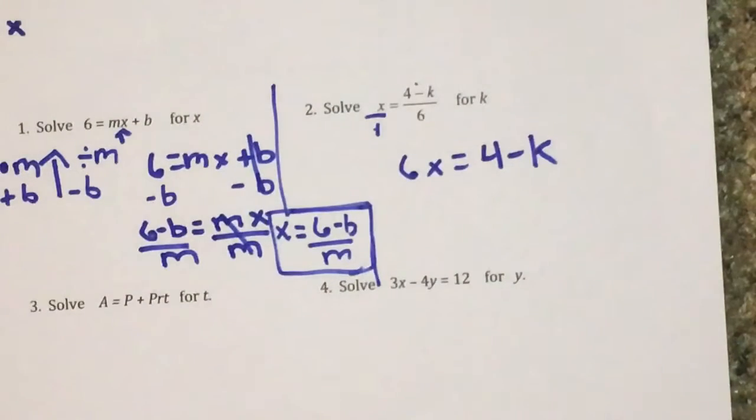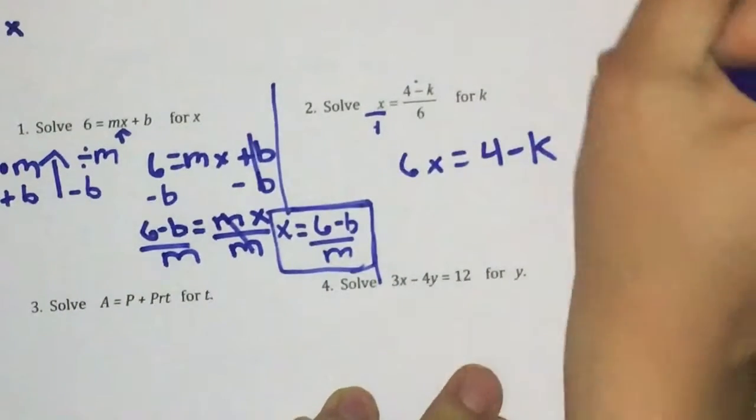Anytime you see a fraction written like that with some variables in it, I recommend that you cross multiply. You use the cross product rule for ratios and proportions. Remember that x is technically over 1, so you can always put a variable over 1 or a number over 1.